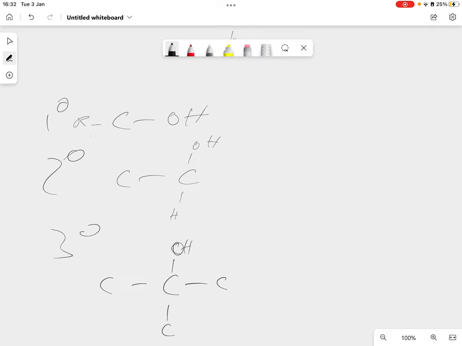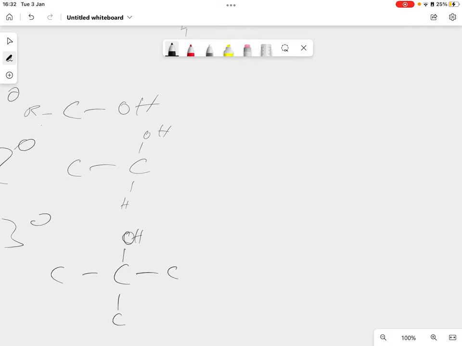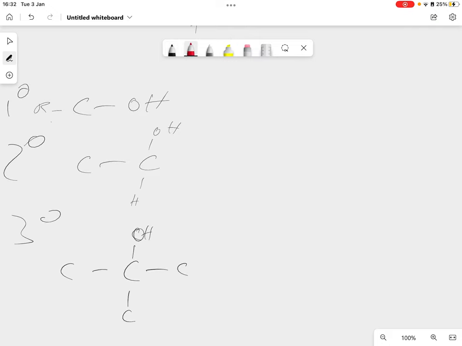Now, we also know from Unit 2 the oxidation of these. So we know that a primary alcohol will oxidize into an aldehyde, and then finally onto a carboxylic acid. Now, this will happen with acidified Cr2O7, which is acidified potassium dichromate, but I got rid of potassium, so it's just acidified dichromate.